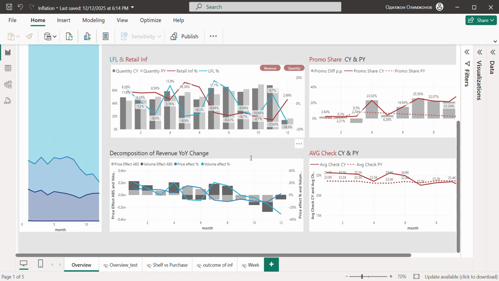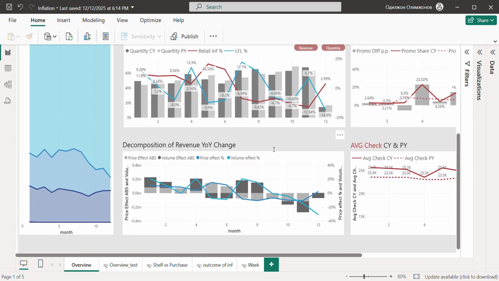To see which factor describes the change of revenue, there is the composition of revenue change. So you can see that in first month, right? The volume effect is 20%, while the price effect is 3%.